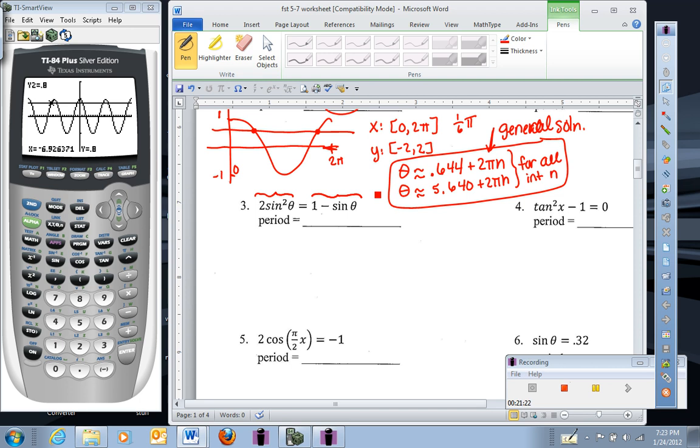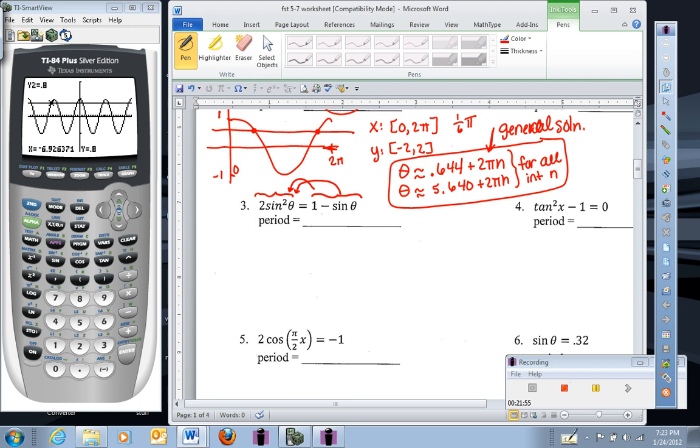So my advice to you on a problem like this would be to take the right-hand side of the equation, the 1 minus sine theta, and move it over to this side. And we'll set this equal to 0. Then the calculator can form one curve out of everything that's left, and then you can see where it's equal to 0. That would mean where it's going to cross the x-axis.